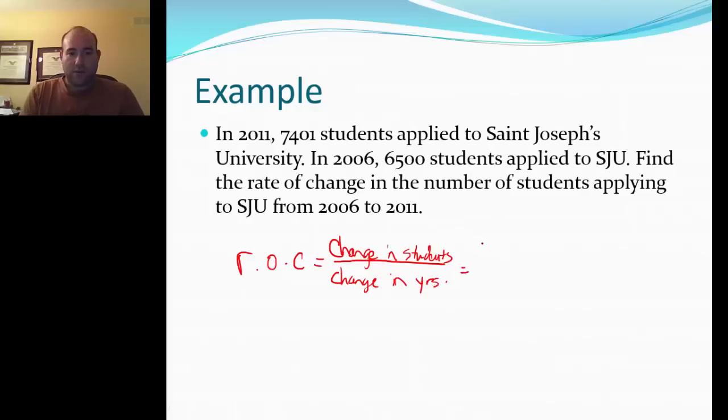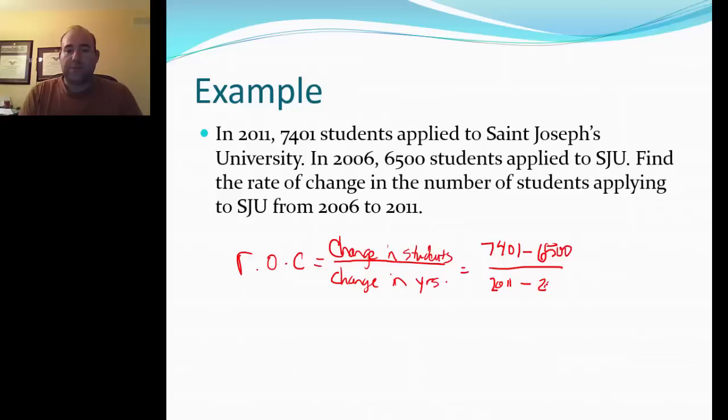So, and you're going to see this looks kind of familiar, the calculation here. For some reason, your book calls it rate of change first, but it's going to look like a slope equation if you've seen that before, which I know most of you have. So we'll start with 7,401 because that's how many applied in 2011. We'll subtract 6,500 from that. And then we'll line up the 2011 underneath the 7,401.